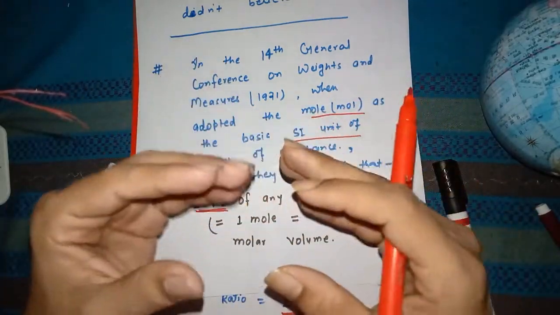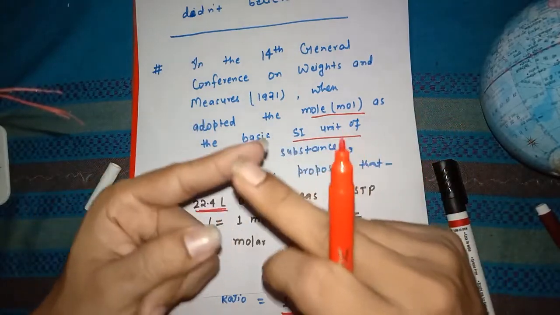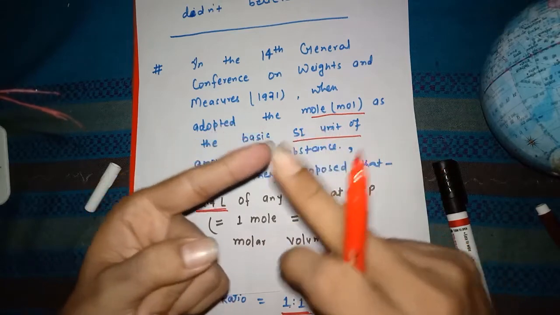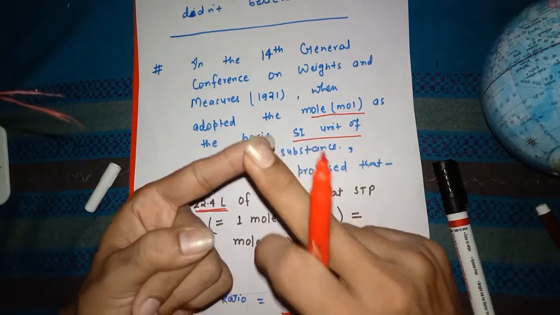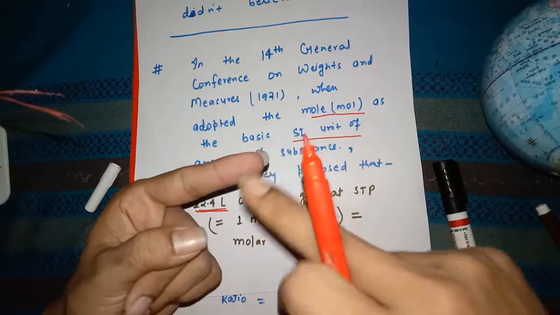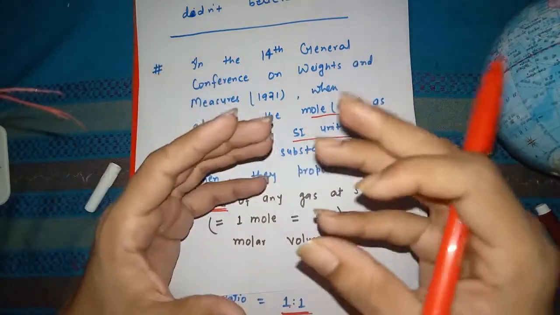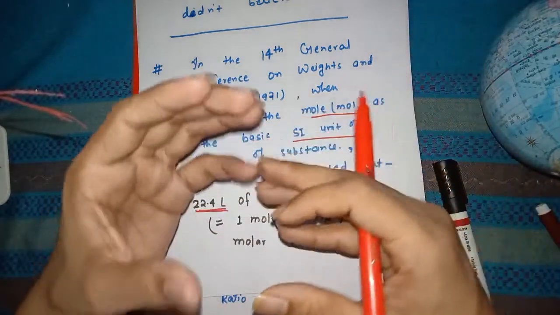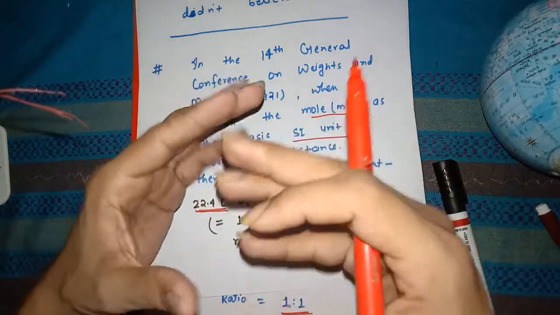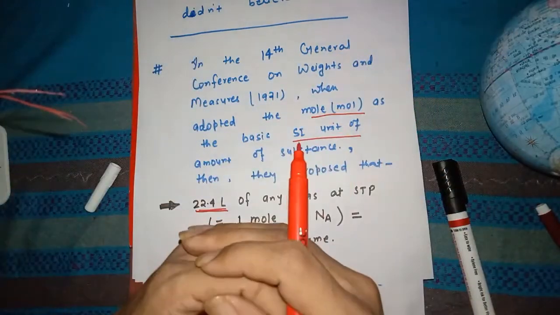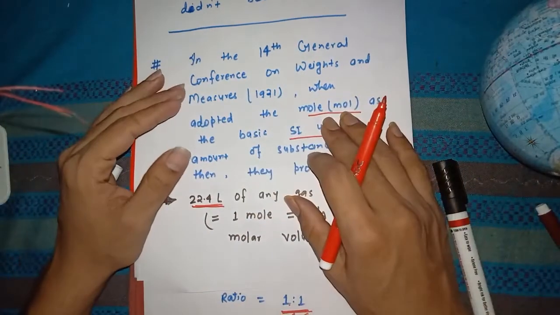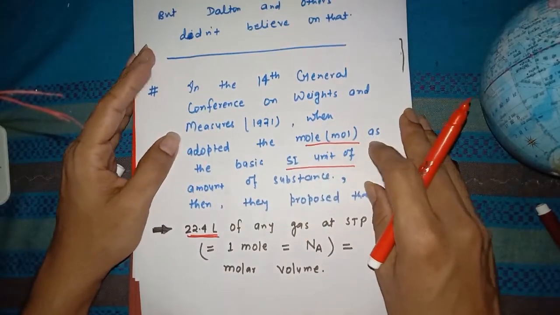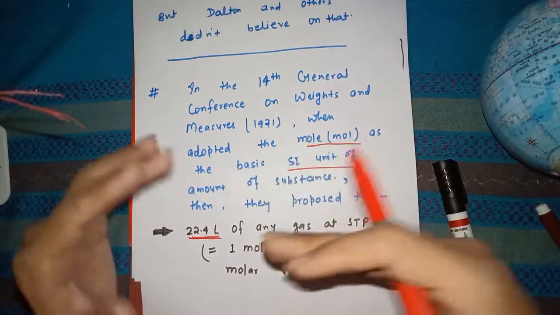At 22.4 liters all gases have an equal number of molecules, and that number of molecules is a unit we call mole. So 1 mole of any gas is equivalent to 22.4 liters of substance in gaseous form. This is also called molar volume.